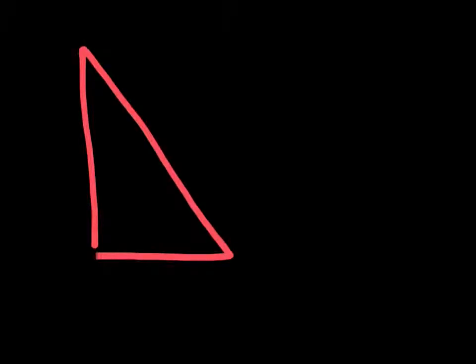Okay? So there's one more type of special triangle. Let's say we have a similar type of triangle, except this time this angle here is 30 degrees, this is 60 degrees, and this is 90 degrees. Well, the rule is that the 60 and 90 degree line gives us x.